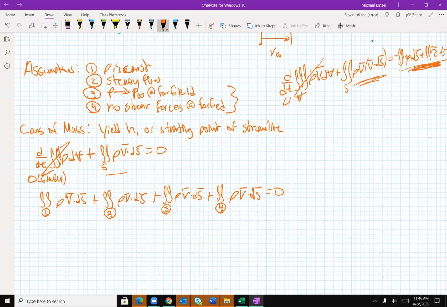If we take this to the side, V dot dS is going to equal, so V is this way, V1 is i, and dS is negative i dS. We take that dot product and we end up with negative V infinity dS.